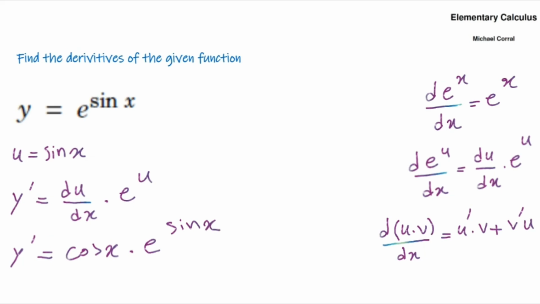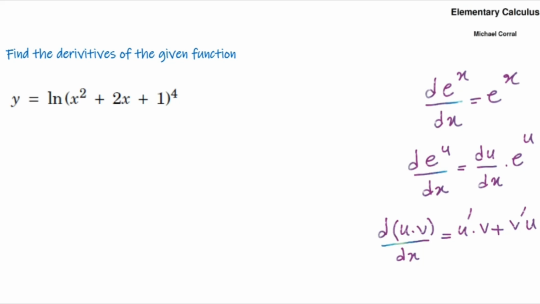The next function is y equals ln, or natural log, of x squared plus 2x plus 1 to the fourth power.